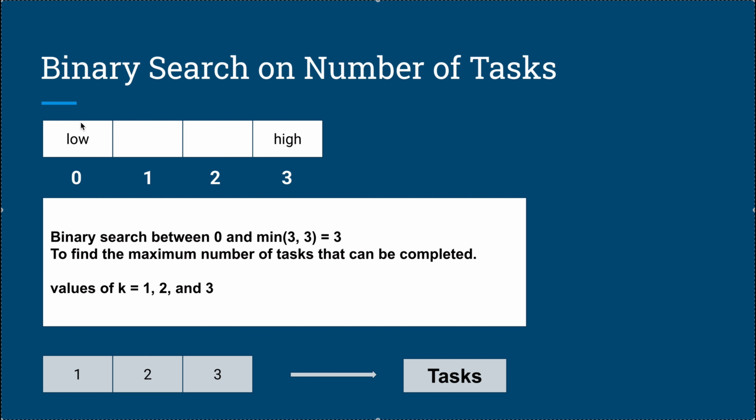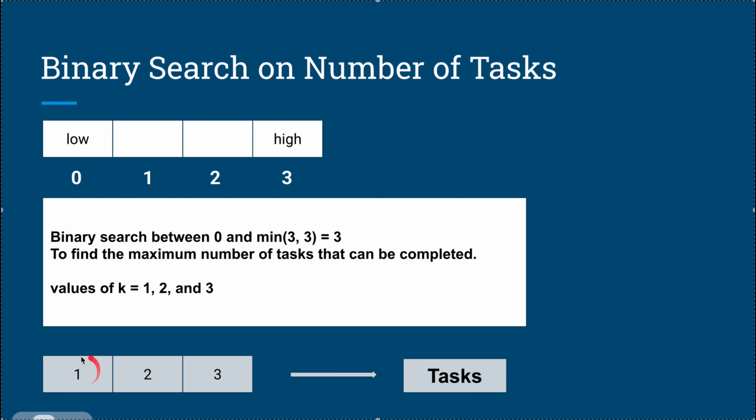If no task is assigned, we don't need to check it. So we start searching from 1 to the minimum of m and n.